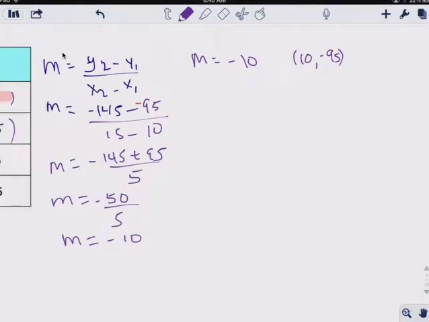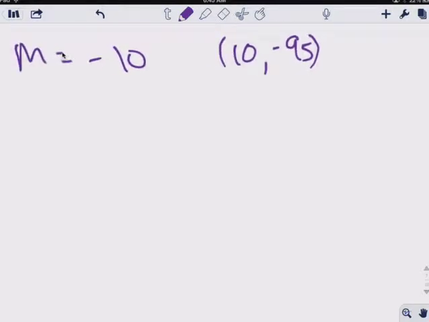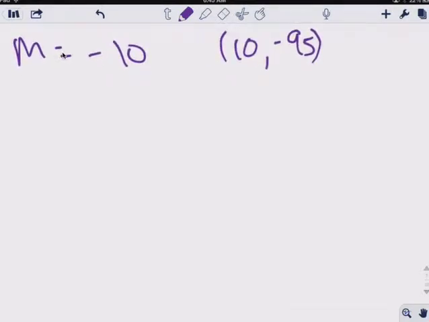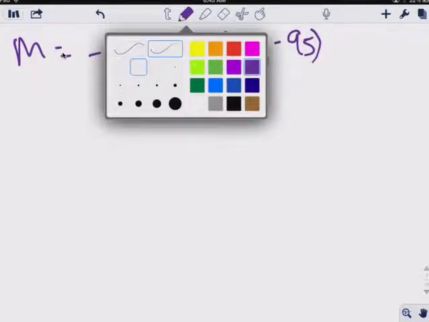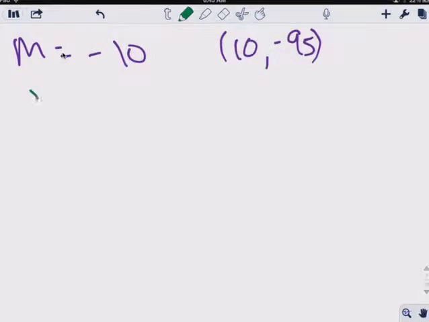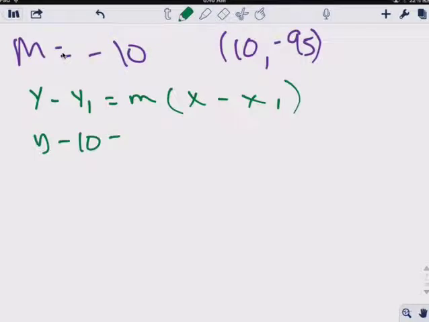Remember, finding slope is very important. Okay. y minus y1 equals m parentheses x minus x1. y minus y1, which is 10. Oh no, that's x.